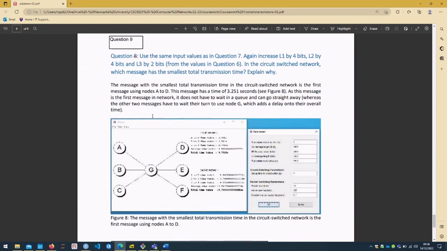And for question 9, you again increase the D this time.